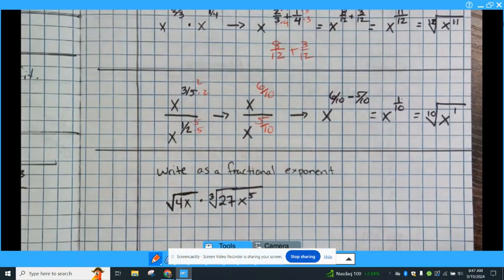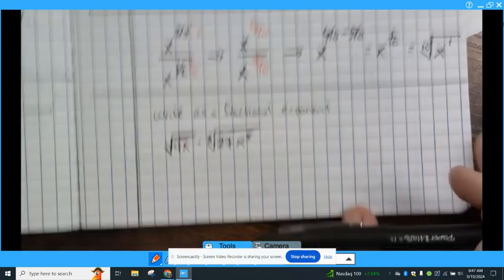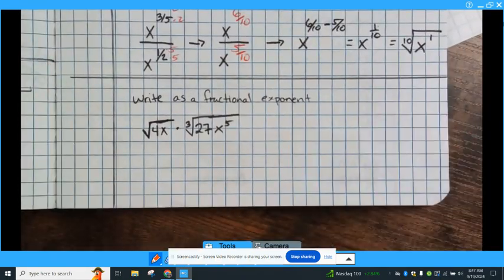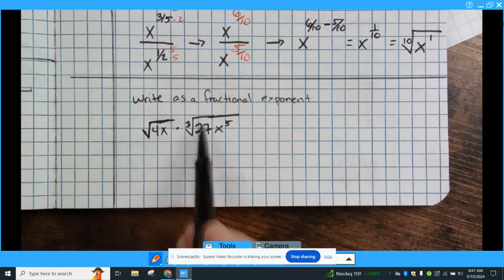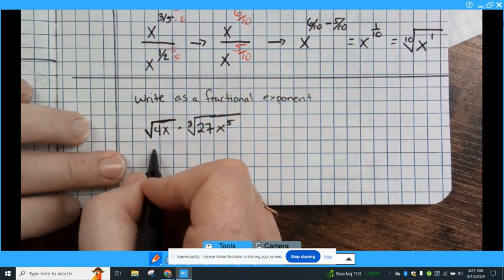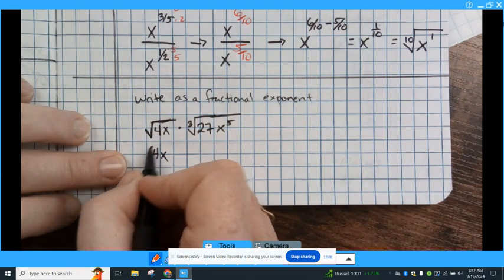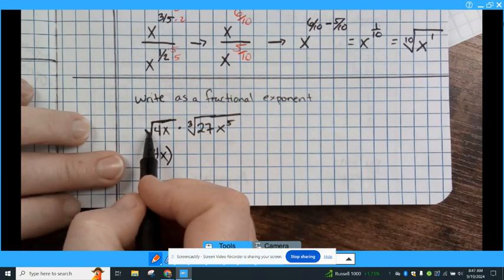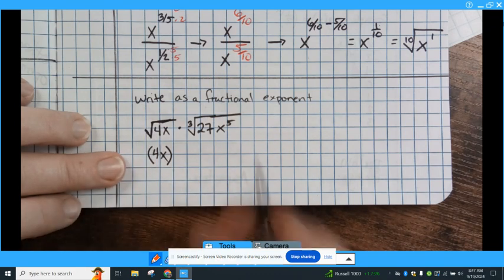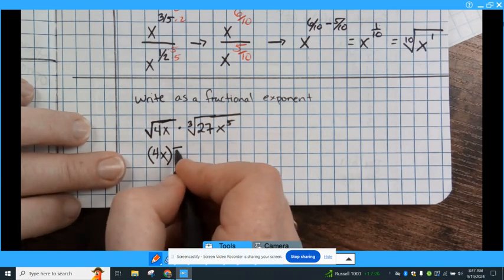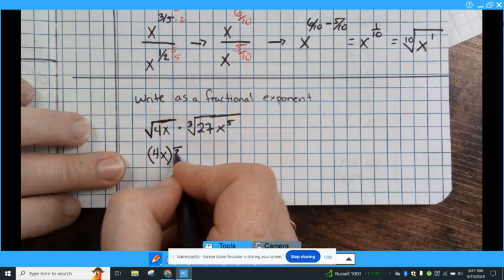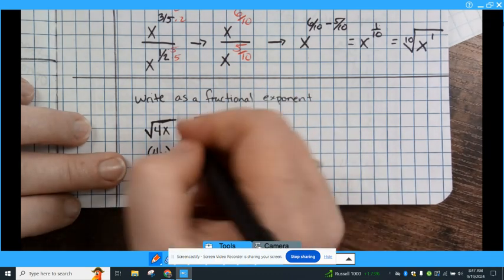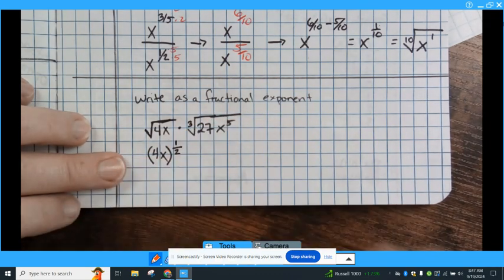And this one, write as a fractional exponent. I'm first going to change these roots to exponents. For x, this is the square root. There's an invisible 2 there, so my fractional exponent will have a denominator of 2. I don't have a power, so that's going to be to the first.